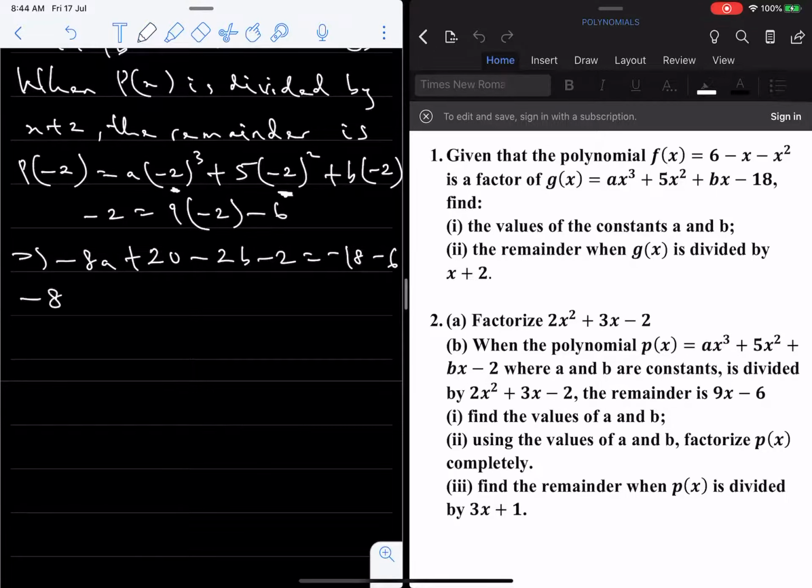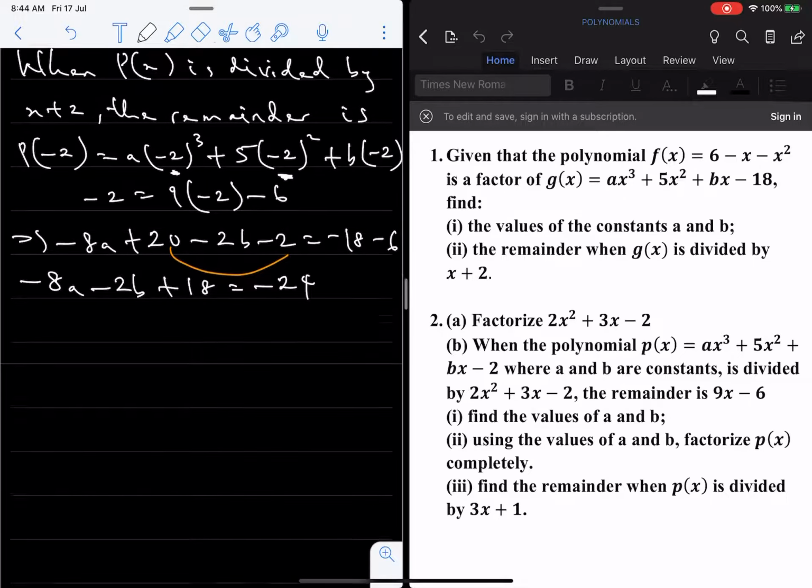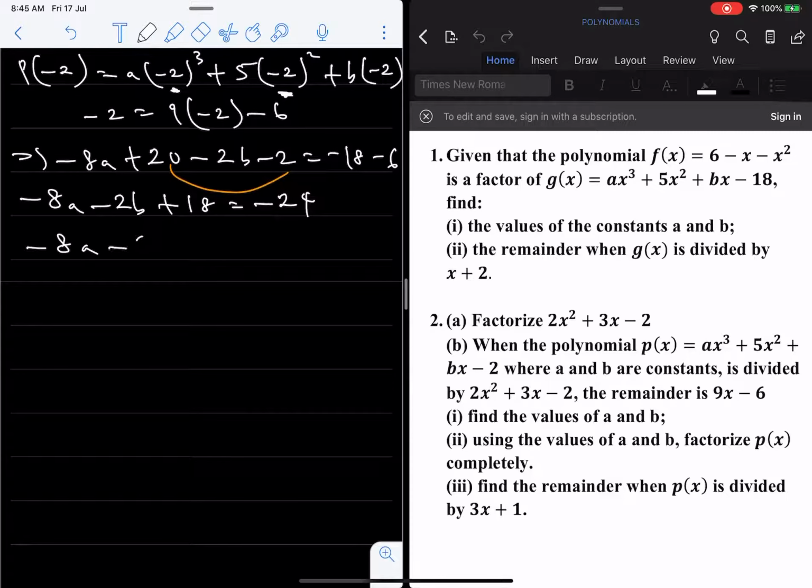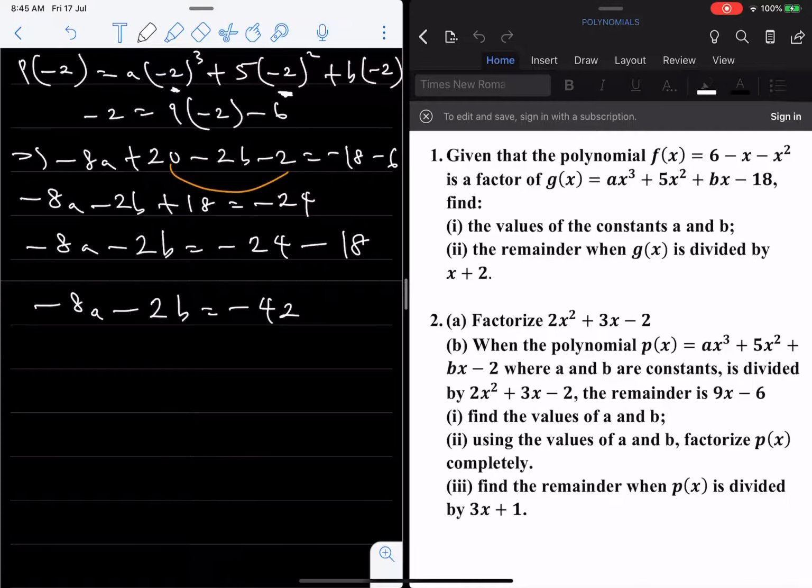And that means minus 8a minus 2b, here 20 minus 2 is 18, plus 18 equals minus 24, which means minus 8a minus 2b equals minus 24 minus 18, which means minus 8a minus 2b equals minus 42.